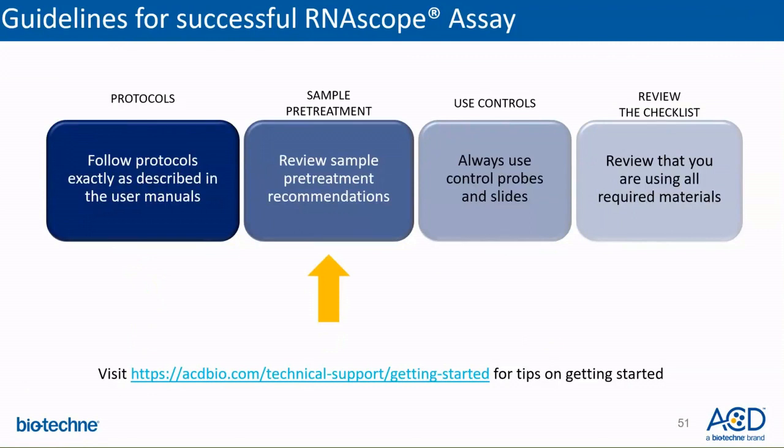The pre-treatment conditions will differ based on sample type and may require some optimization. Using controls is highly recommended, especially when you are troubleshooting your assay. And lastly, it is critical to make sure that you have all the components required to run the assay with you before you begin your experiment.